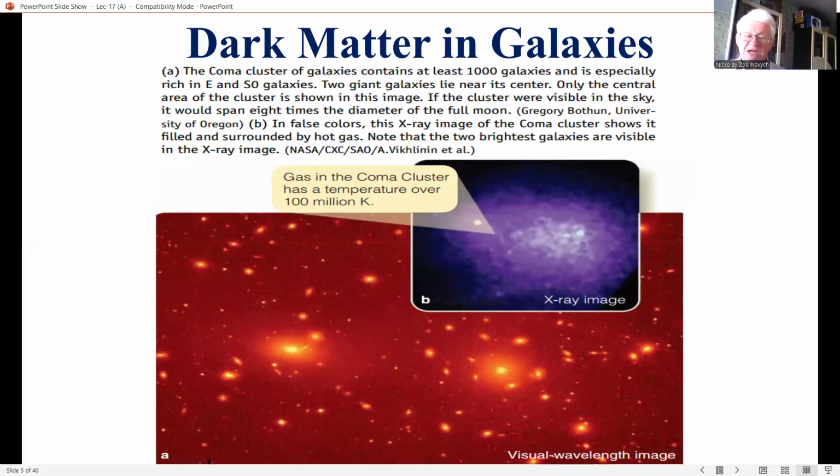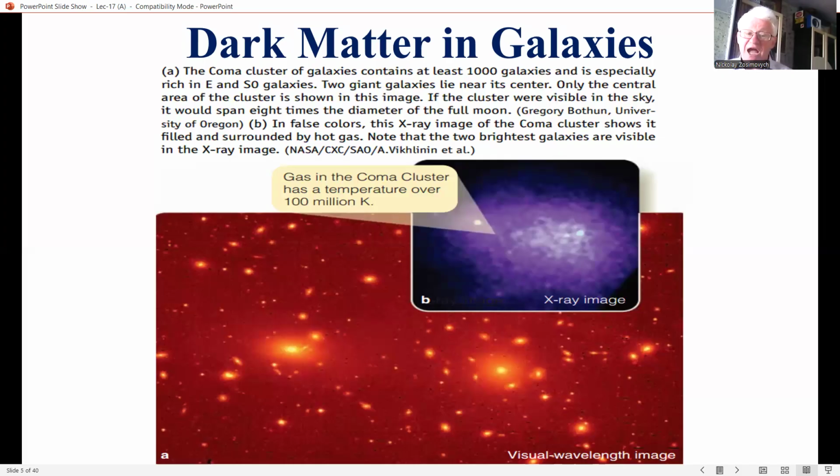X-ray observations reveal more evidence of dark matter. X-ray images of galaxy clusters show that many of them are filled with very hot and low-density gas. The amount of gas present is much too small to account for the dark matter. Rather, the gas is important because it is very hot and its rapidly moving atoms have not leaked away.